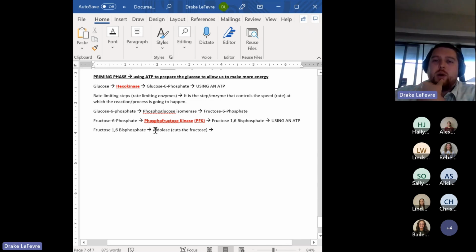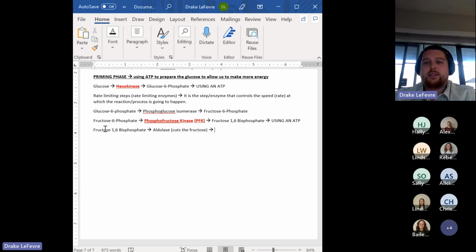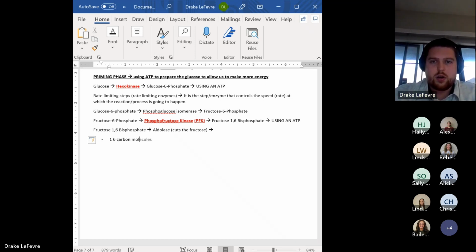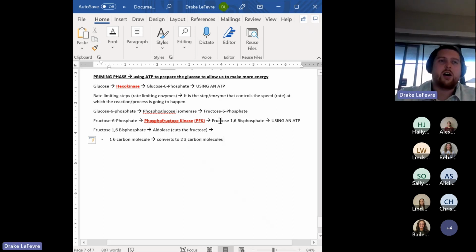At this point, aldolase is going to cut the fructose in half to get us in the process of eventually getting to pyruvate. It takes a 6 carbon molecule and converts it to two 3 carbon molecules on its way to pyruvate.